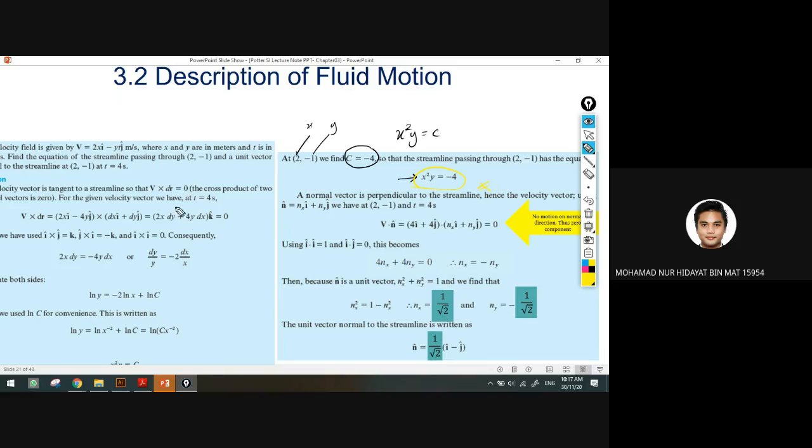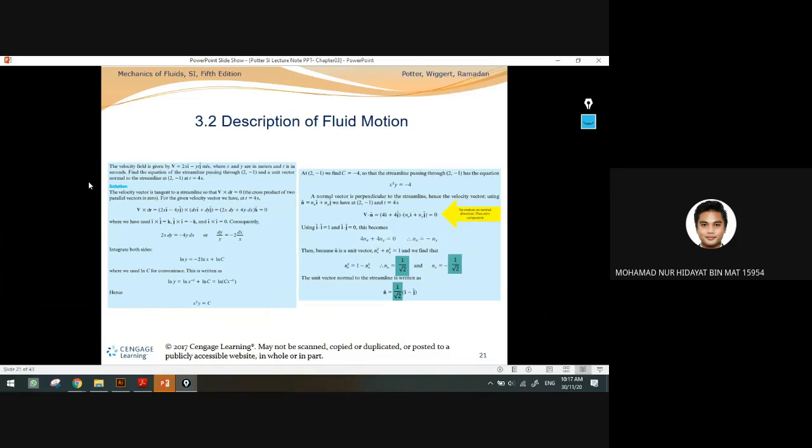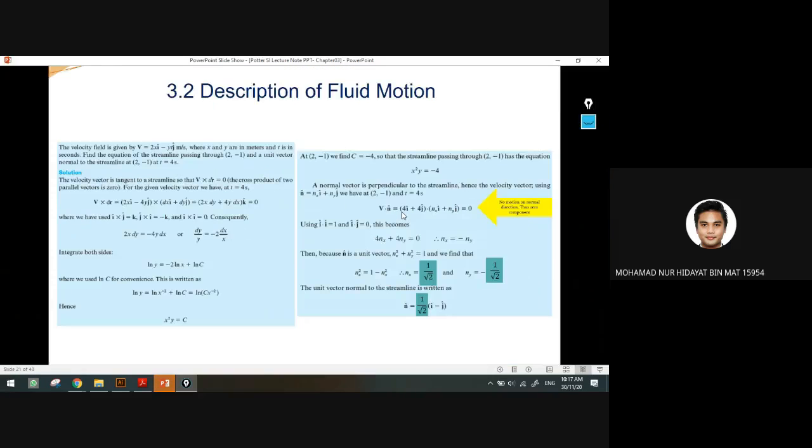Okay, the next question. Find the unit vector normal to the streamline. The first step is to understand this. We know that the velocity is always tangent to the flow direction.